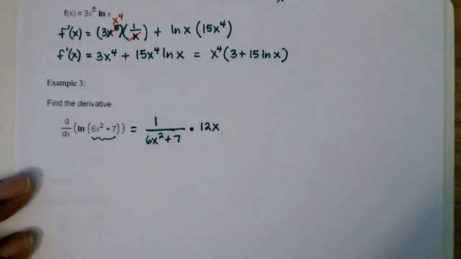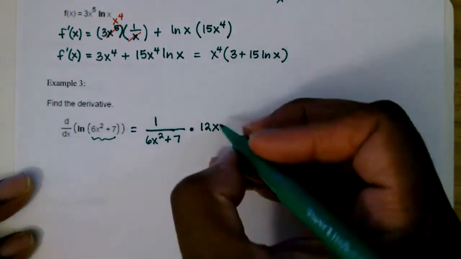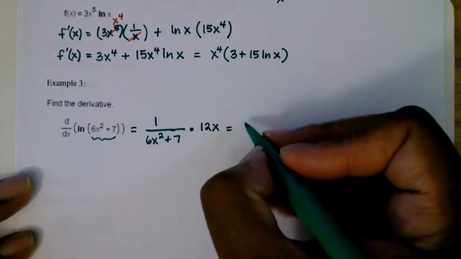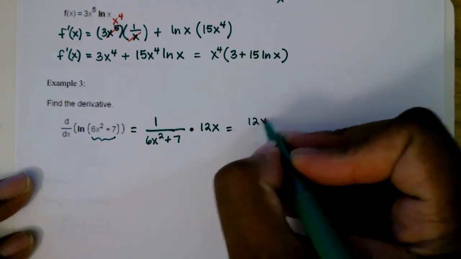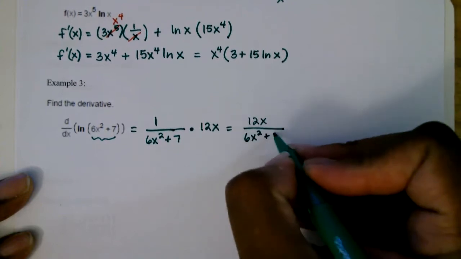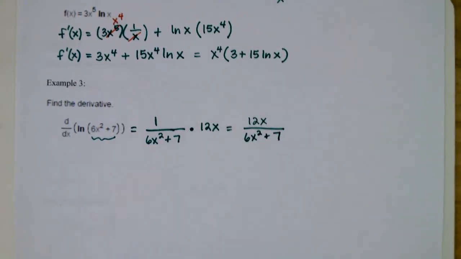And the derivative of 7, well, the derivative of a constant is 0. Now, all we can do is just simplify this, put the 12x on top, and then 6x squared plus 7 would be in the denominator. So the derivative here would be 12x divided by 6x squared plus 7.